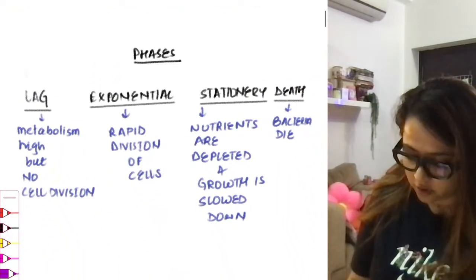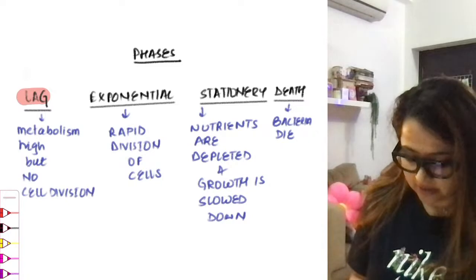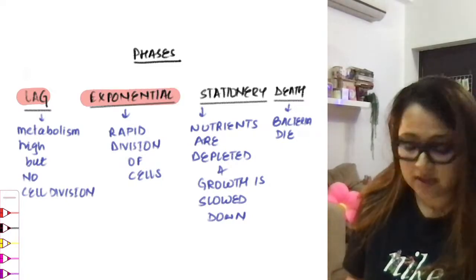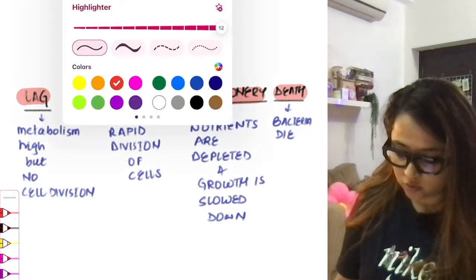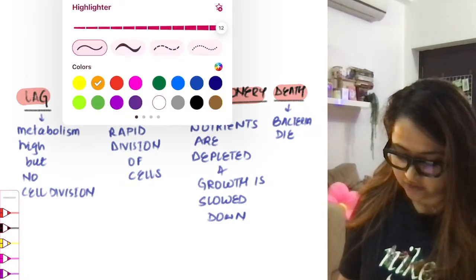We have the lag phase, then the exponential phase, then the stationary phase, and then ultimately death. You need to know what is peculiar about each phase.